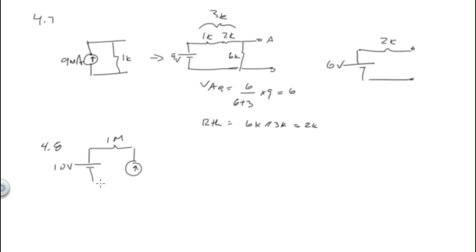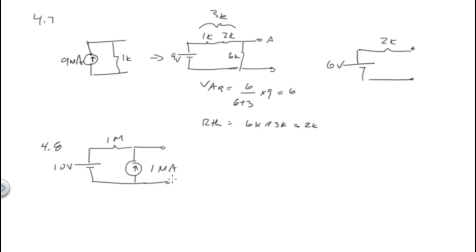Now, we do not know what the voltage across that current supply is. We do not know. It says find when ICBO is 1 microamp.